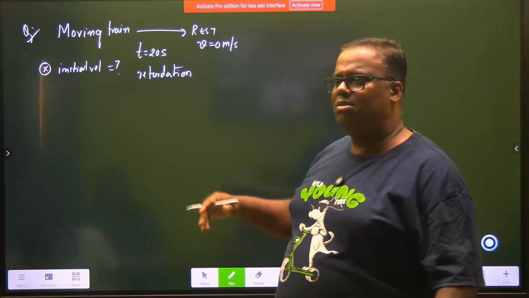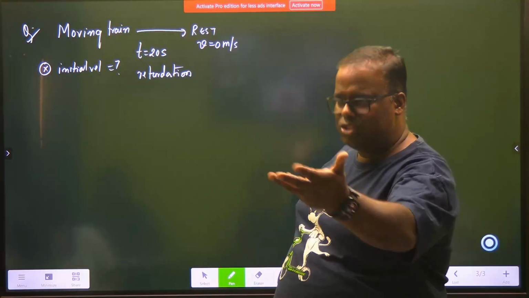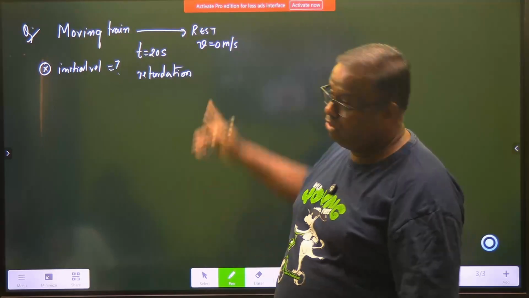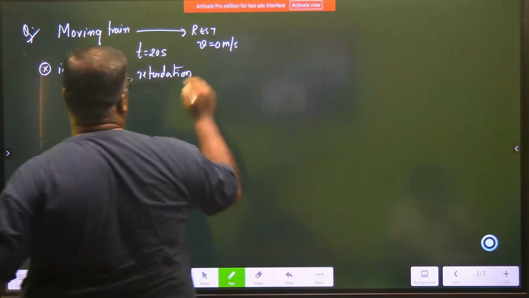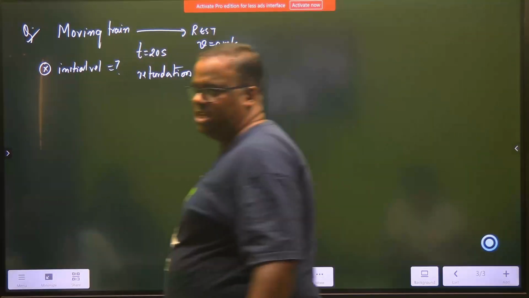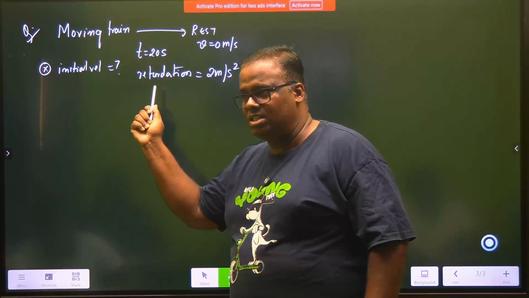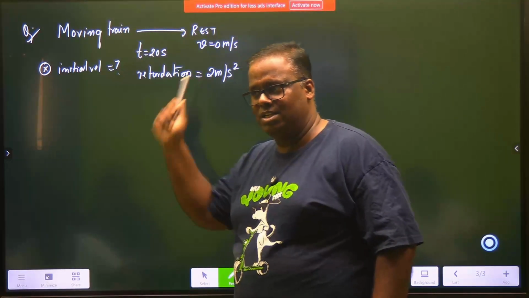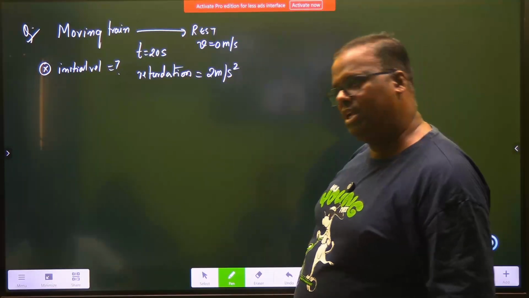So retardation, and when we are braking, the velocity is decreasing. So the rate has to be negative, right? Therefore, it's a retardation case. And they are reporting retardation as 2 meters per second square. Now understand, if they would have given the question as acceleration, they would write it as minus. But they are writing this as retardation or deceleration. But when we do the maths, we will take it as negative, right?